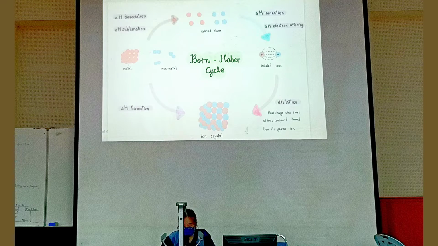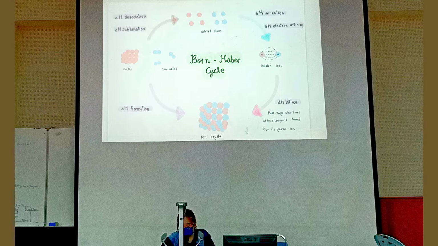In this diagram, we can see that if we need to change the metal or non-metal into isolated atoms, we need to use standard enthalpy of dissociation or sublimation. If we need to change isolated atoms into isolated ions, we need to use standard enthalpy of ionization and electron affinity.